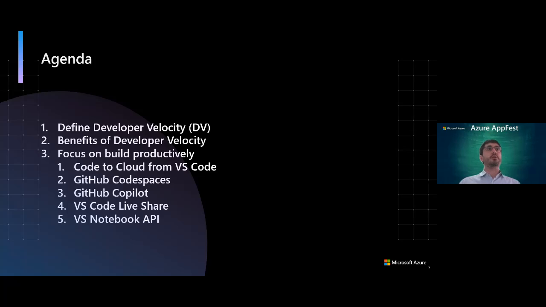After defining developer velocity, I will also spend a couple of minutes on the benefits, but then I will jump into the 5 demos that I want to cover today, and you will see how each of these demos will be very helpful in improving productivity for developers. Code to Cloud, for example, helps developers to create a new cloud component in seconds from a template, and to deploy it in the cloud in minutes.